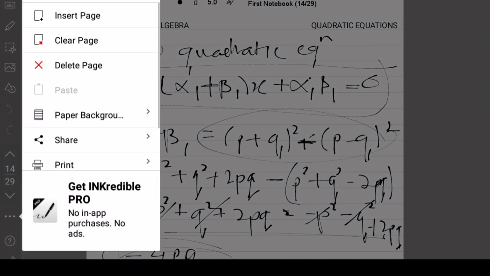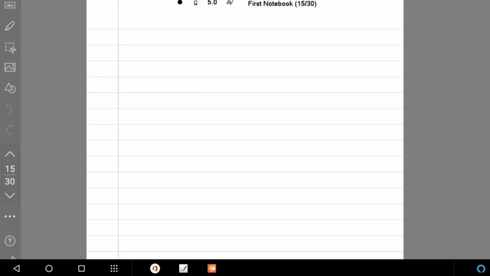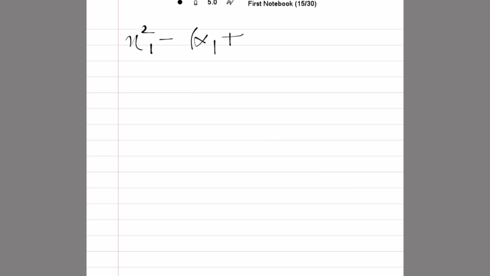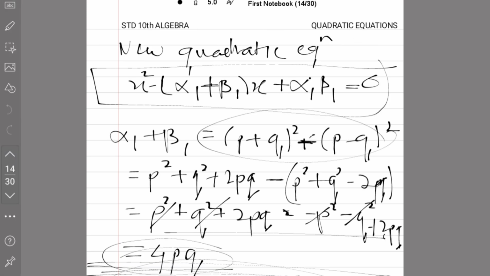Now we have to just substitute these values in the equation, that is x square, or we can say x1 square, minus (alpha 1 plus beta 1) x plus alpha 1 into beta 1 is equal to 0. So now we know the values and we are going to substitute it here.